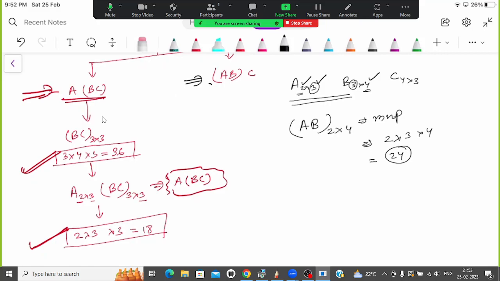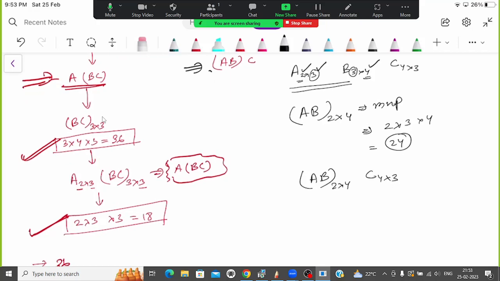Now you multiply AB matrix to the matrix C. Now you can multiply because 4 here and 4 here, so these two are equal. So you will be able to multiply AB matrix to the matrix C, and this matrix will be 2 cross 3 matrix.